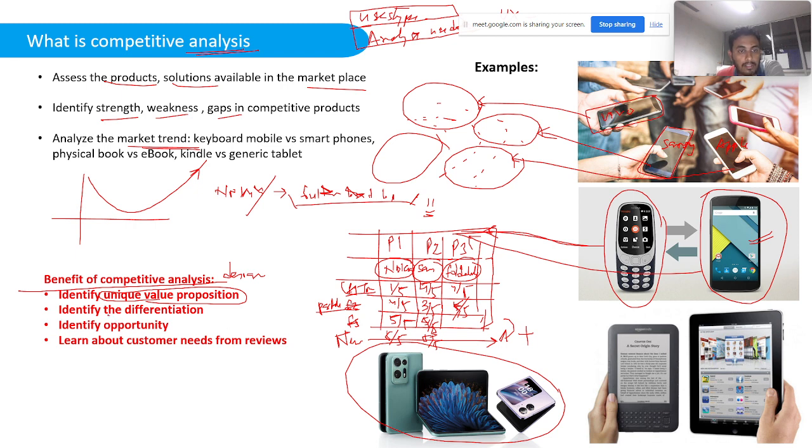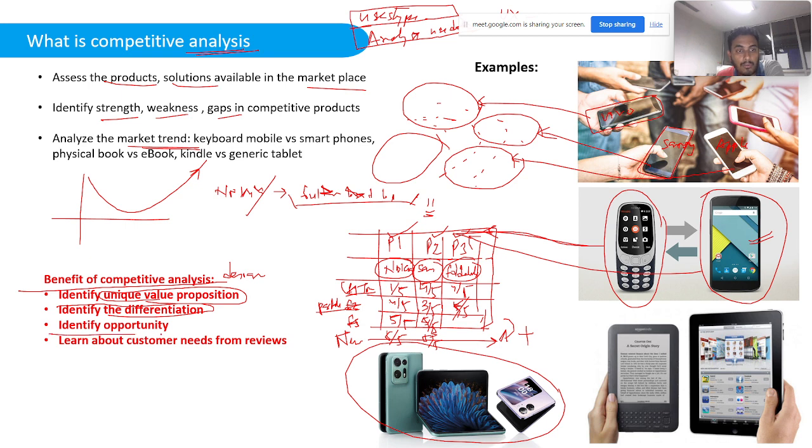Then differentiator, identifying differentiator means what makes each particular product different from each other, because when you understand the difference between these, we can also compare these differences against their selling and their market size. Okay, so maybe a particular difference may lead to a bigger market size as well as a higher amount of sales.